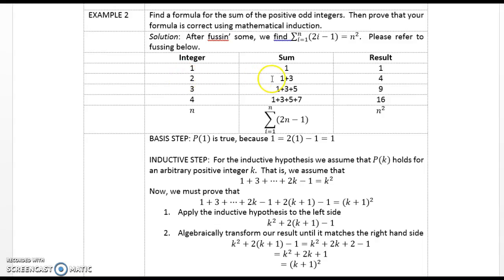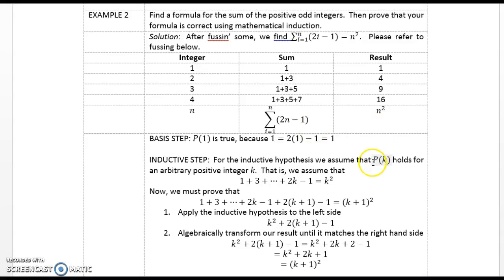For the integer 2, it's 1 plus 3, equal to 4. For the integer 3, it's 1 plus 3 plus 5, equal to 9. For 4, it's 1 plus 3 plus 5 plus 7, equal to 16. For n, the sum from i equals 1 to n of 2i minus 1 is equal to n squared.